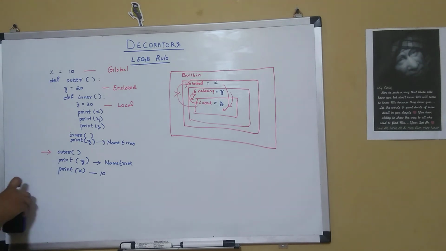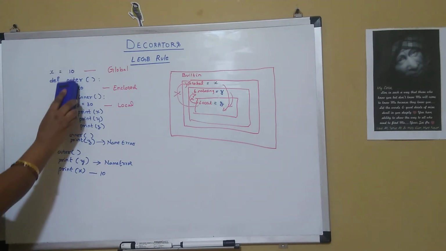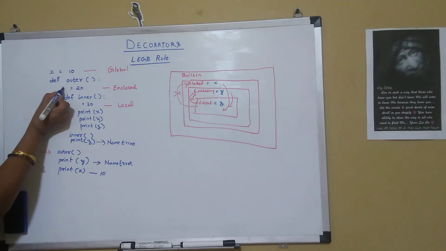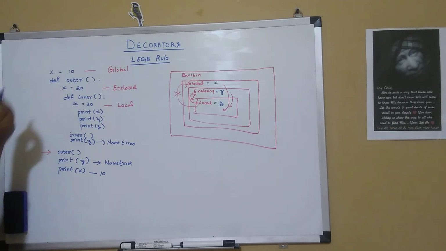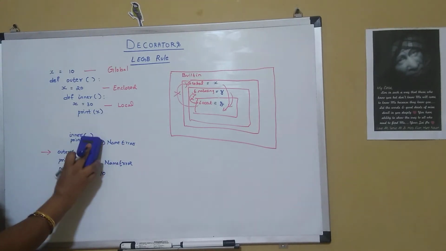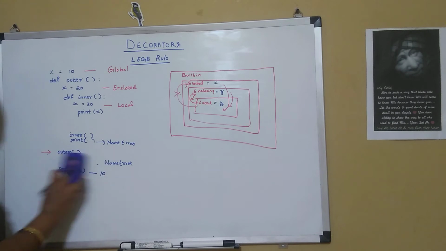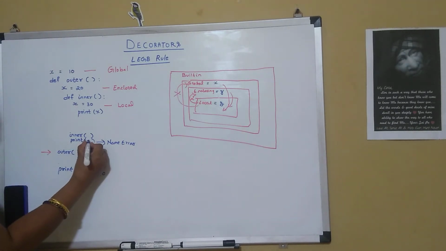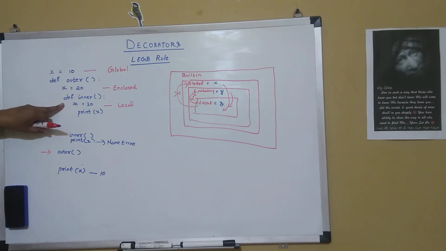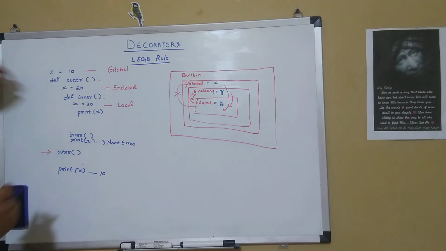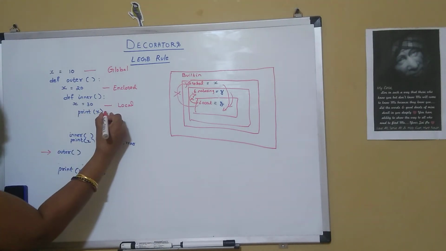And now instead of having x, y, z, if I give all the variables as x, and now if I say print x, within the local function, the local variable will have higher precedence. So it prints 30 within the function.